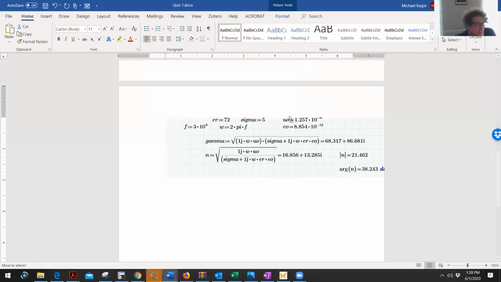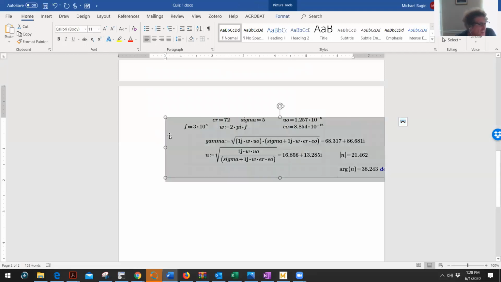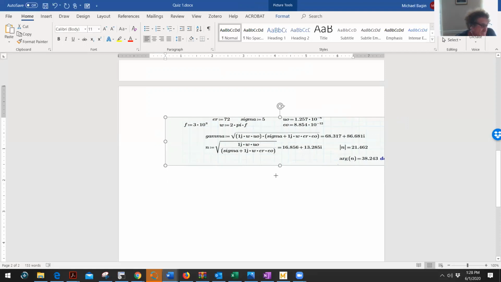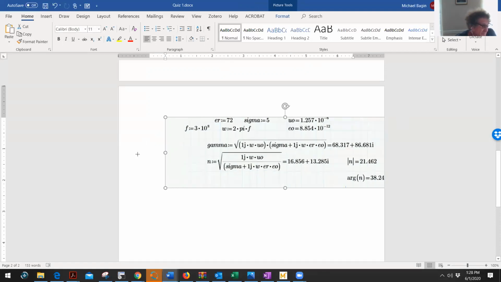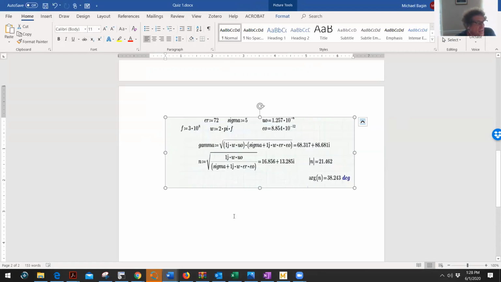And let me pull it in. Try to pull it in. Come on. If I can't pull it, I can't pull it. Oh, there we go. So that's what it is. Now I'm going to save this.